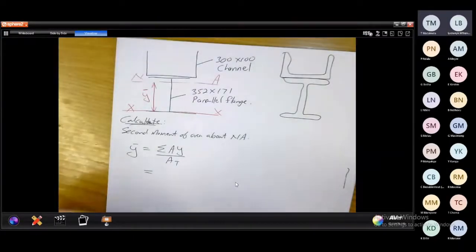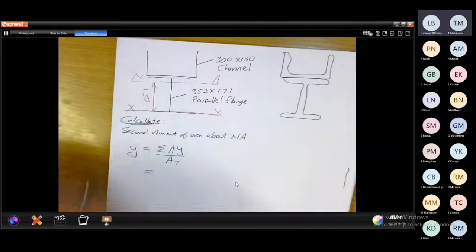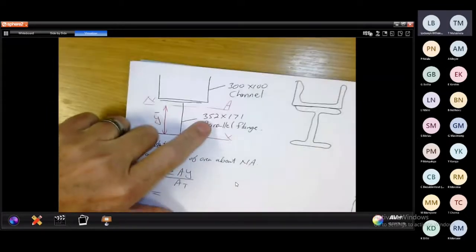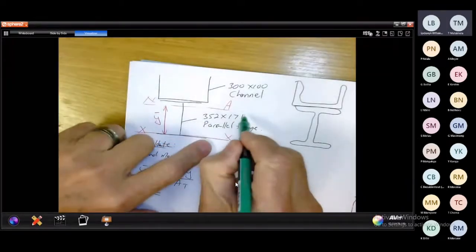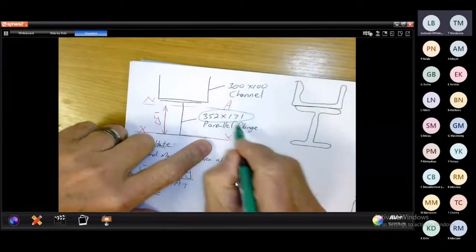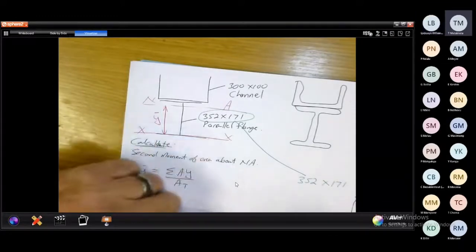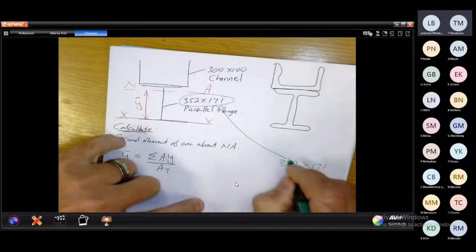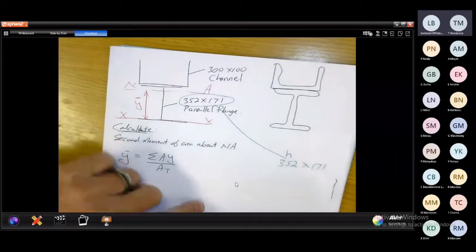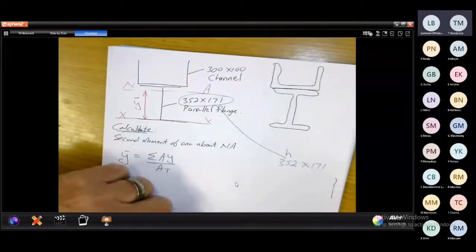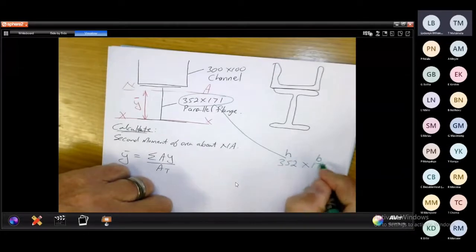Let me first talk about these three numbers here. The 352 and the 171 indicate the real height. You must listen very carefully now. That is the real height, and this is the real breadth.